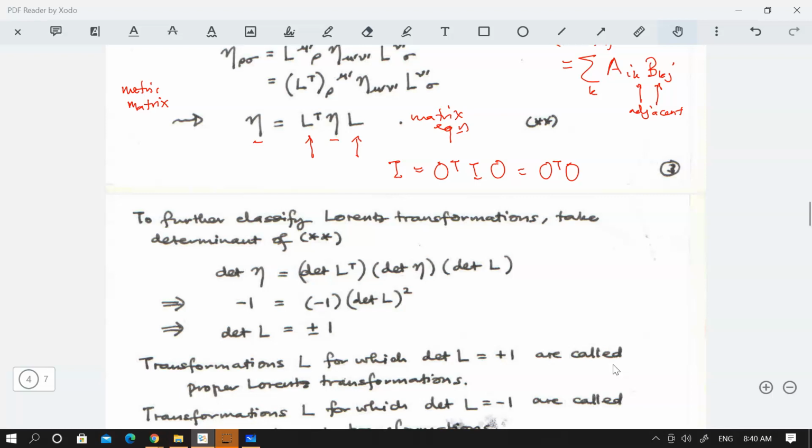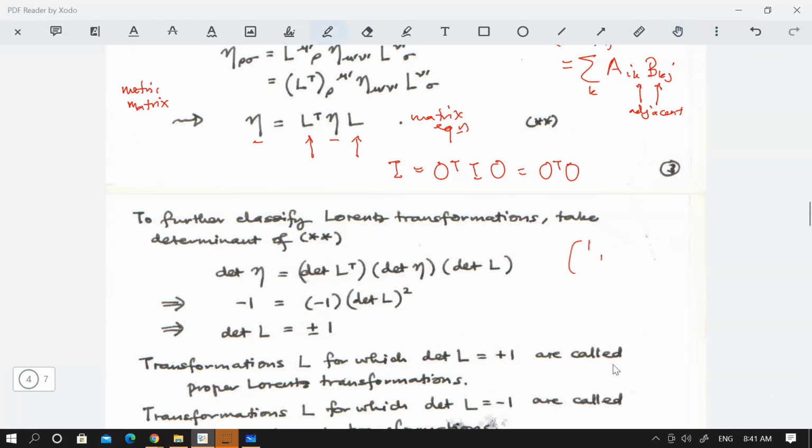The determinant of a product of three matrices is the same as the product of the individual determinants. So I will have determinant of L transpose times determinant eta times determinant of L. The determinant of L transpose is the same as the determinant of L, so I can rewrite these two factors as determinant L squared.